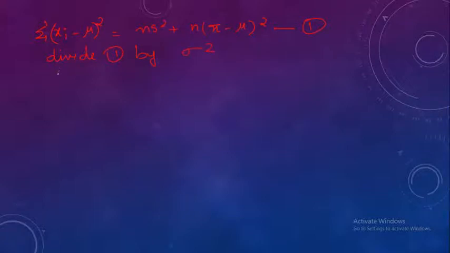So when I divide, I get summation (xi minus mu) the whole square divided by sigma square is equal to n s square divided by sigma square plus n into (x bar minus mu) the whole square by sigma square.